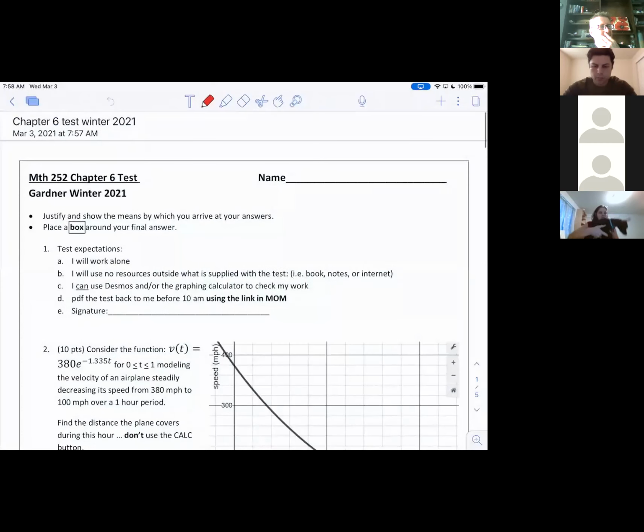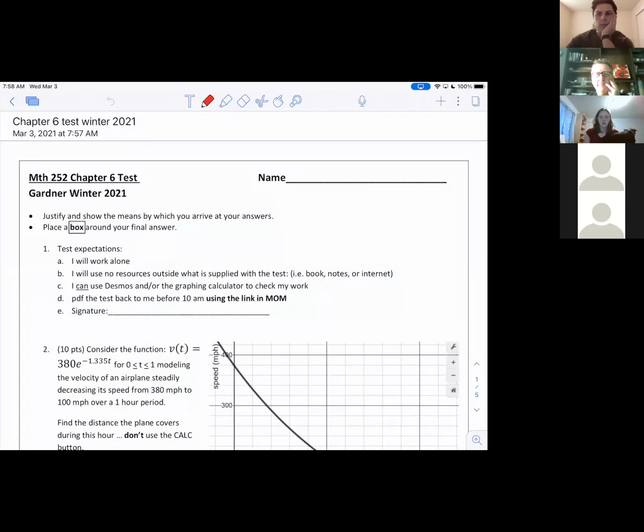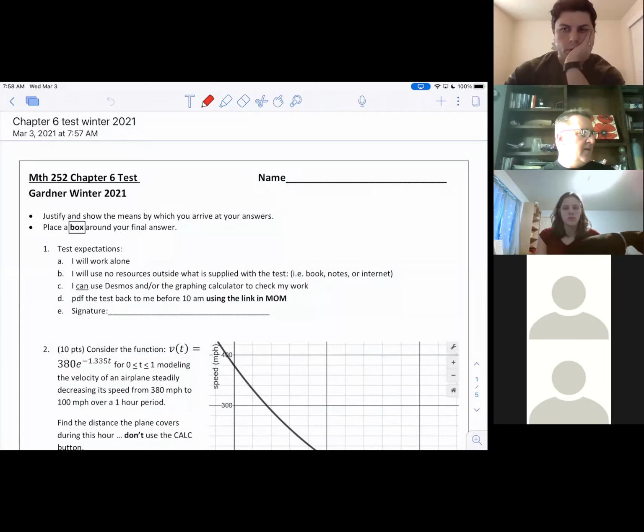So the test, I do want to say a couple things about it, just collectively. My sense of who's in this class is lots of you are, I don't want to say overachievers, but you have worked your butt off, you're smart, you have really high standards.